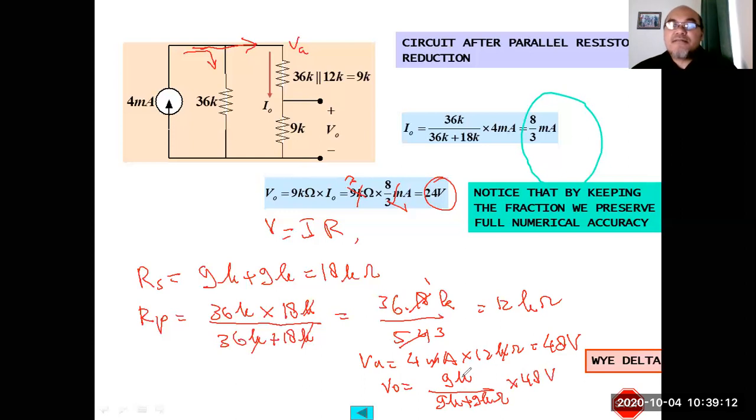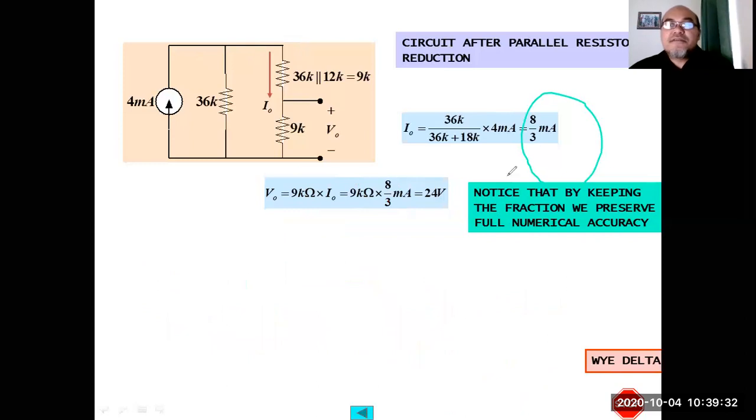This is basically half, right? This is 1, this is all 2, so equals to 24 volt. So using this alternative method, we will obtain the same answer, which is 24 volt. Okay, save first this one, then clear all drawing, then we go to the next question.